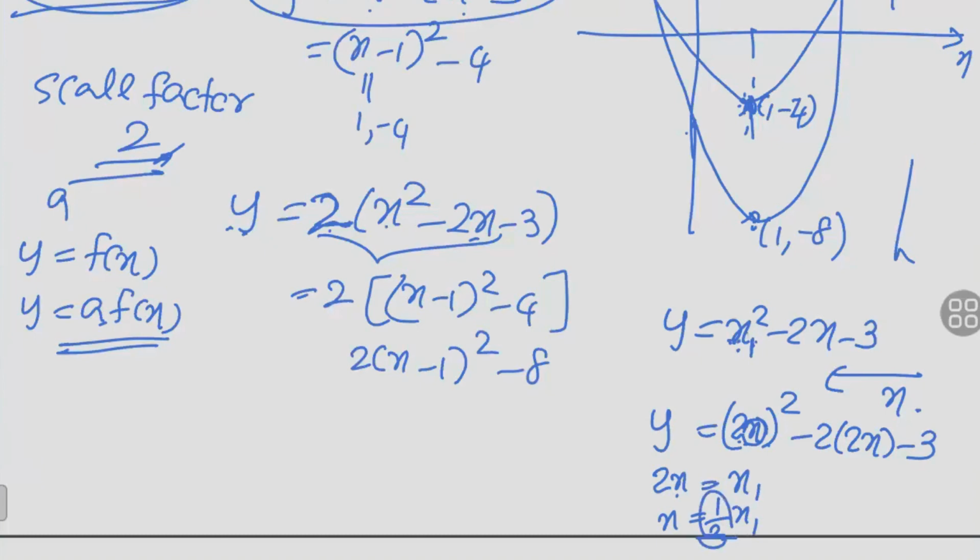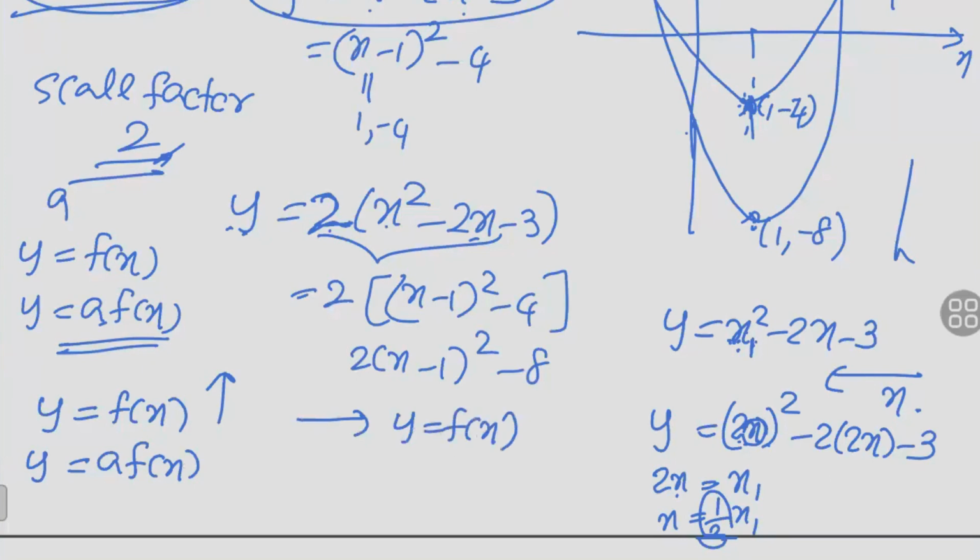Now I told you, if the stretching is happening to the y equals f(x) graph parallel to the y-axis, it's changing to a times f(x). If it is happening to the same f(x) graph parallel to the x-axis, then y equals f(ax), and the scale factor is 1 over a, right?